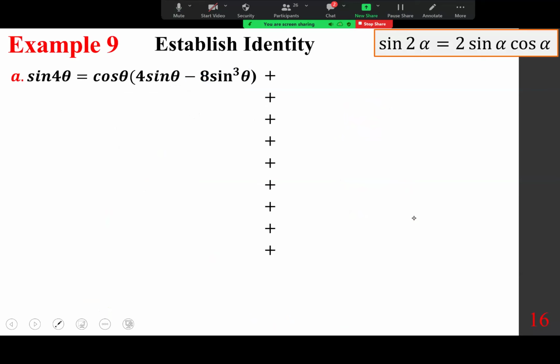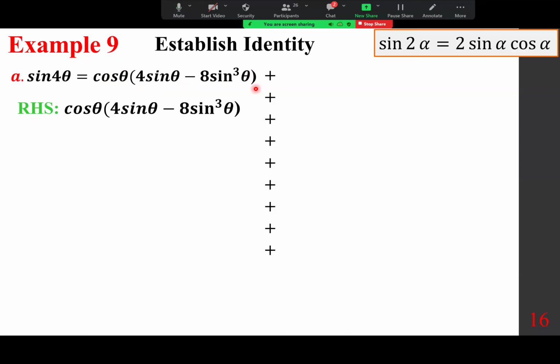Establish identity: sine of 4 theta is cosine theta times 4 sine theta minus 8 sine cubed. You can start from any side you want. For example, if you start from the right-hand side, RHS, we start from the right-hand side.